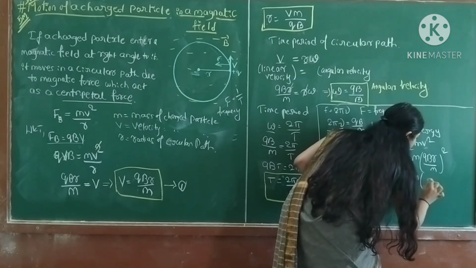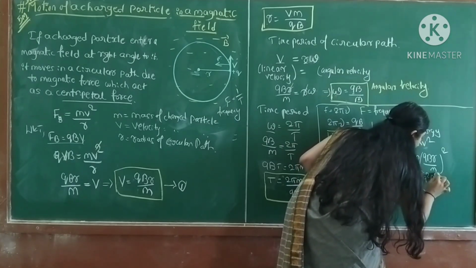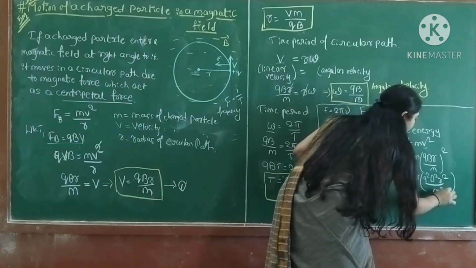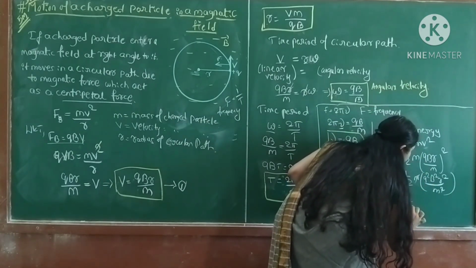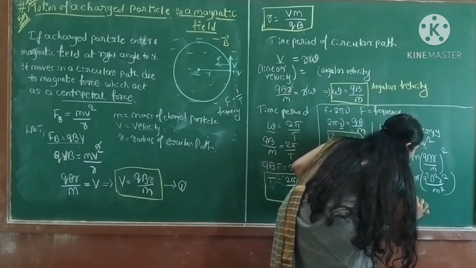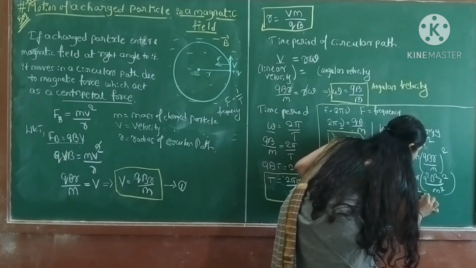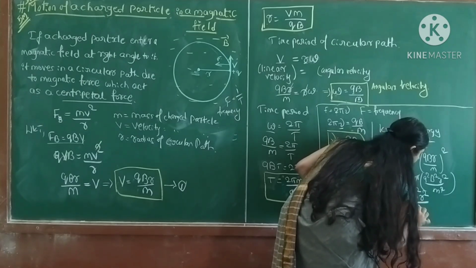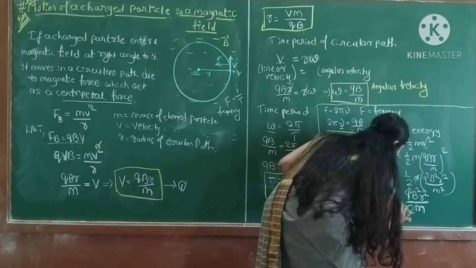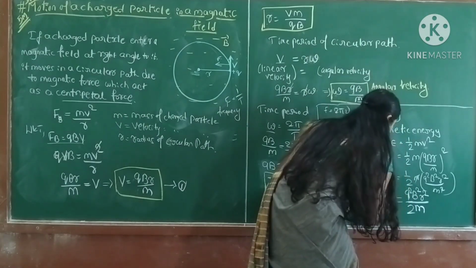Half m q square b square r square divided by m square. So m will get cancelled. What remains? q square b square r square divided by 2m. So this is the kinetic energy.